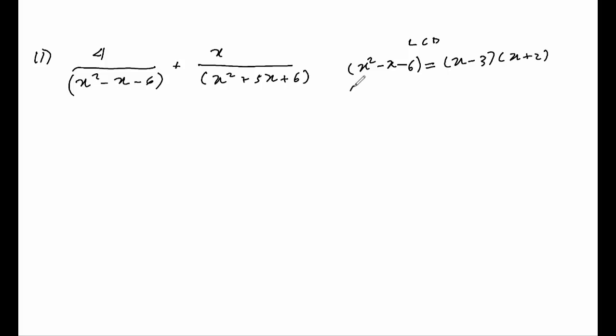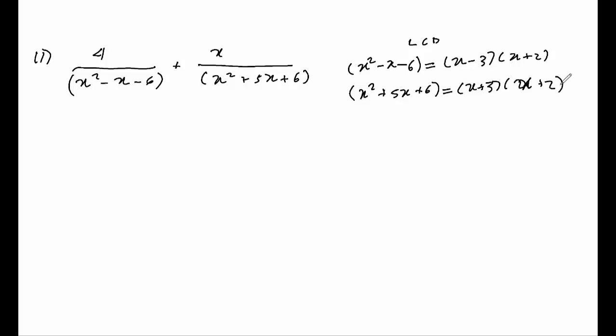And then for our second term, the denominator there, we factor, and we have x squared plus 5x plus 6 is equal to x plus 3 times x plus 2.